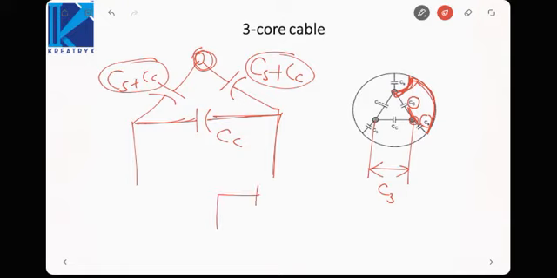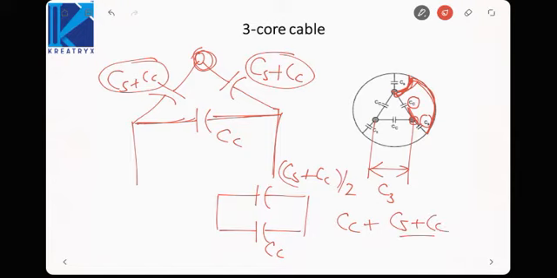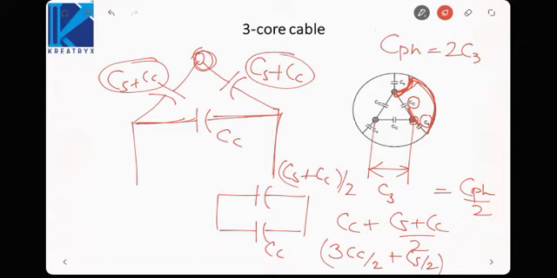So it will be CS plus CC divided by 2, and here it will be CC. If we add both, it will be 3CC by 2 plus CS by 2, which will be equal to C phase by 2. So that means I can say C phase is equal to 2 times C3.